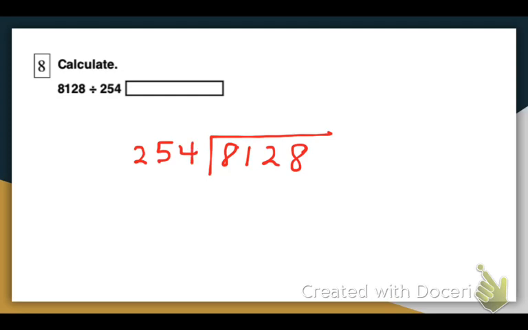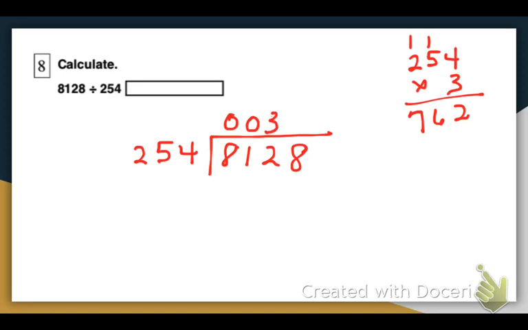I know that 254 won't go into this 8 or 81, and 2 will go into 8 4 times, but with that 54, 254, I'm going to try 254 times 3. And that's 12. 15 plus 1 is 16. And 3 times 2 is 6 plus 1 is 7. 762, so that will work.